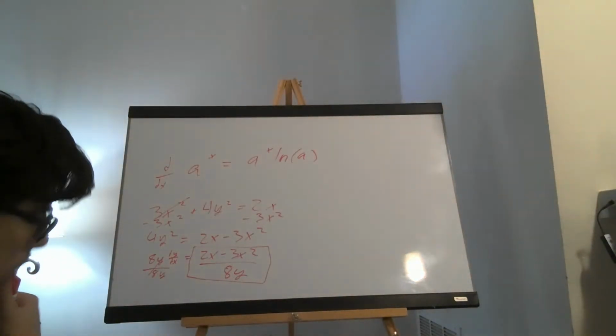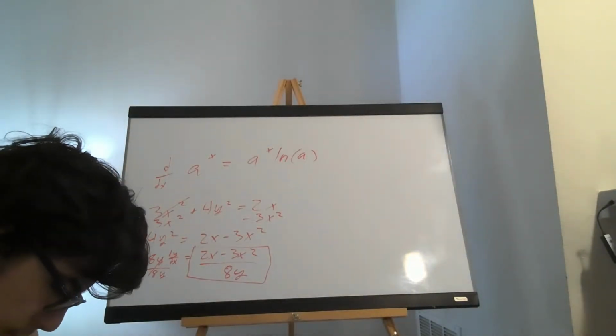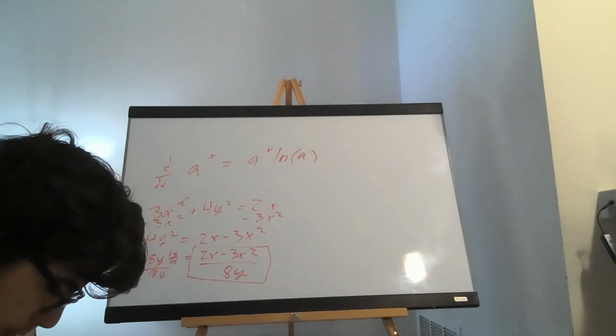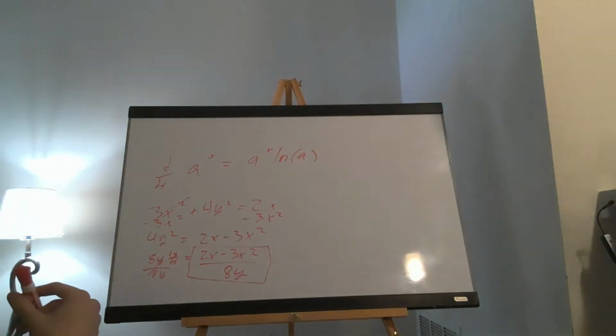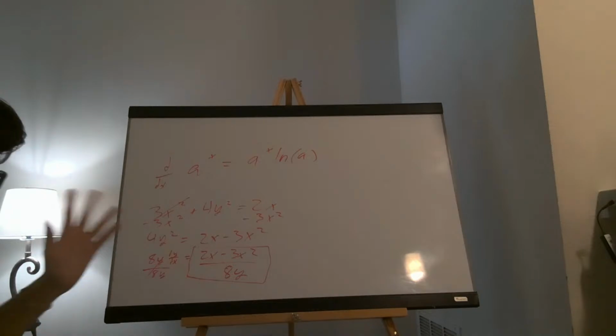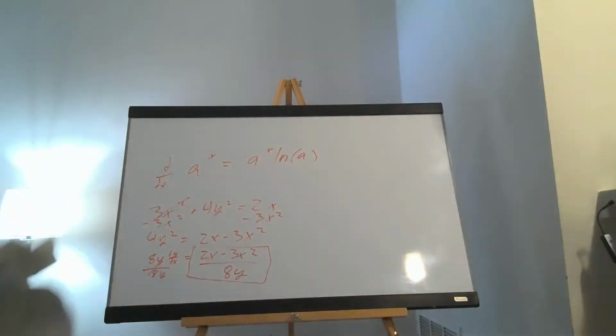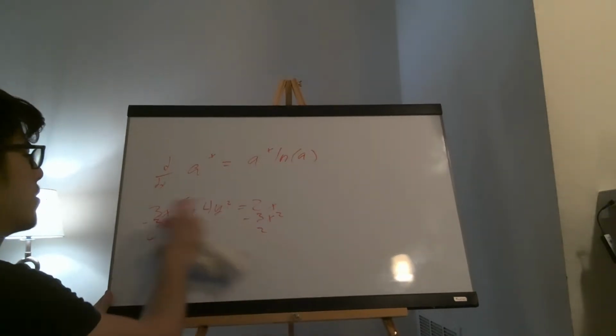Minus 3x squared. Did the book skip a step? 4y squared. Yeah, but basically it's just taking the derivative with respect to y. So you probably won't see this on the upcoming test, but it's definitely something that you should keep an eye out for.